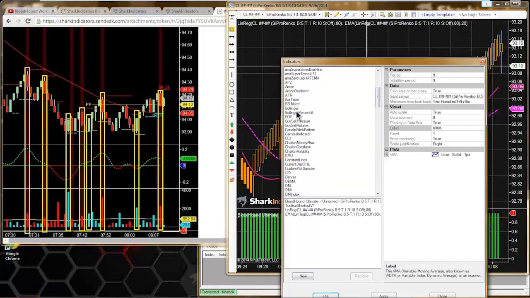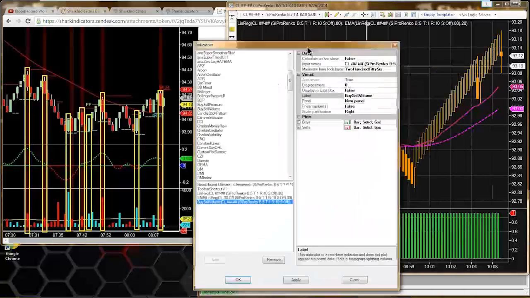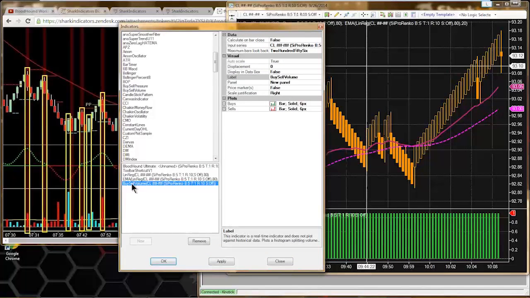I know it comes with NinjaTrader. Is it buy sell volume? Yeah. In BloodHound, well, I'll just put buy sell on the chart, just so we have the nice colored, but in BloodHound we're just going to use the regular volume indicator, because as you can see, this buy sell volume indicator has two different plots. So it just makes it a little more complex to analyze the volume in BloodHound if you use a volume indicator that breaks it into two different plots like this.